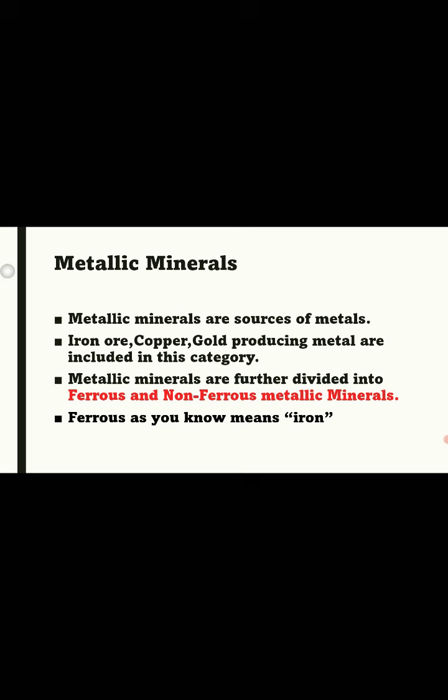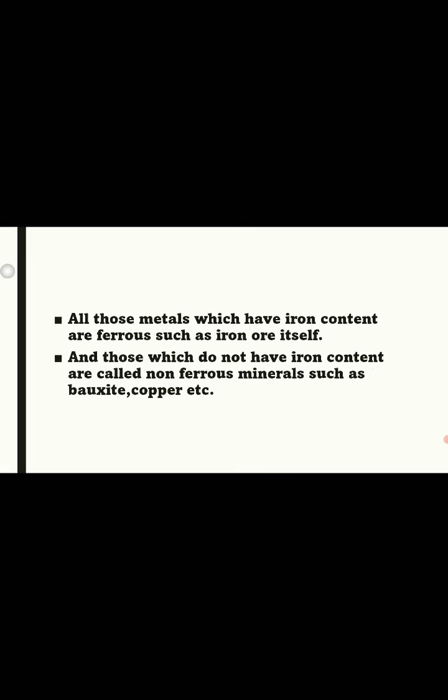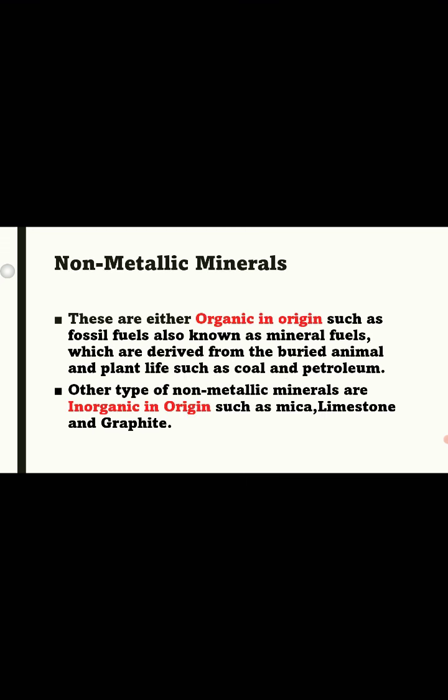Iron ore, copper, gold producing metals are included in this category. Ferrous means iron, so all those metals which have iron content are ferrous, such as iron ore itself, and those which do not have iron content are known as non-ferrous minerals such as bauxite, copper, etc.